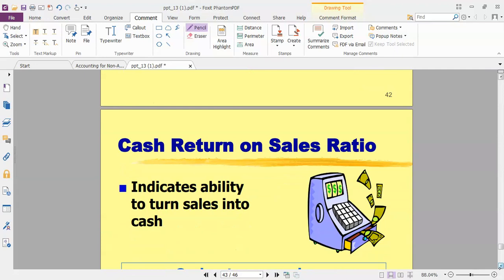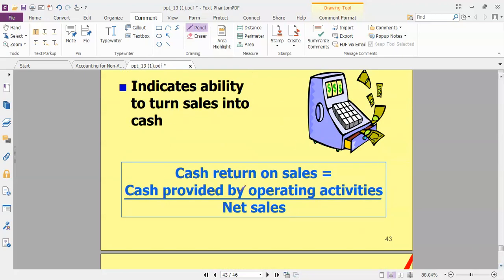So how about the cash return on sales ratio? The cash return on sales ratio indicates the ability to turn sales into cash. So the formula is the cash provided by operating activities divided by net sales. This is all the ratios that we can calculate if we have the statement of cash flow.